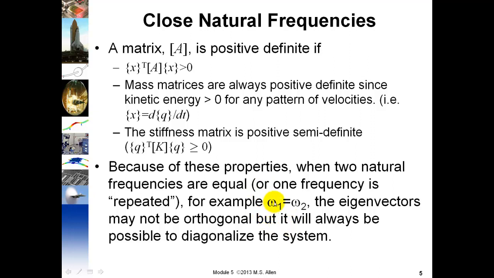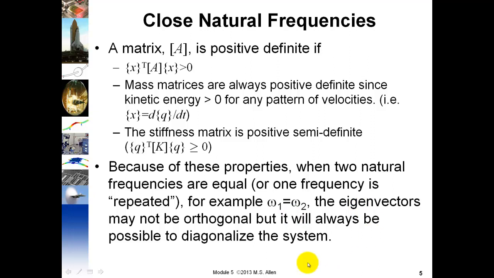It's as if those two modes with equal natural frequencies kind of merge together into one mode, and any piece of those two underlying mode vectors can give us a valid mode for the system. I'll talk about that a little more in a second.